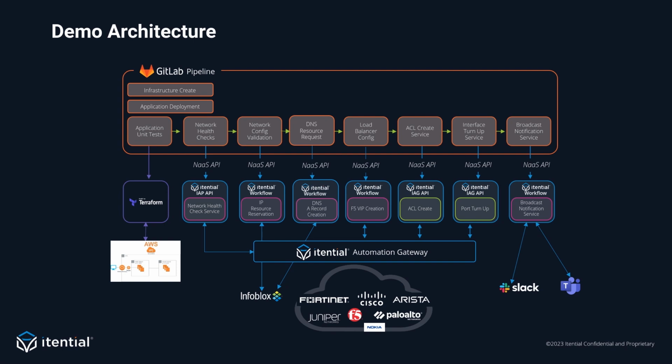Today's example will focus on a GitLab pipeline, but it's also possible to affect the same sort of change in other technologies, whether that's GitHub using GitHub Actions, Jenkins, even ServiceNow and Salesforce to an extent. Itential is largely agnostic to the calling technologies, and today's demo really just focuses on utilizing these Itential API calls.